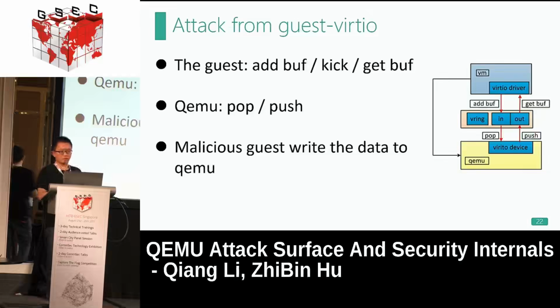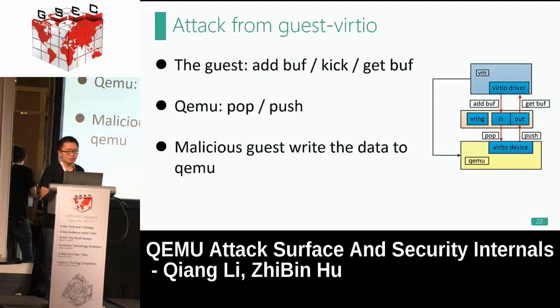So here is the workflow of VirtIO. In the guest, the VirtIO driver first adds the data to the virtqueue in buffer. You can imagine the virtqueue as a channel to exchange data. The guest adds data to the virtqueue in buffer, and this data of course can be any value.